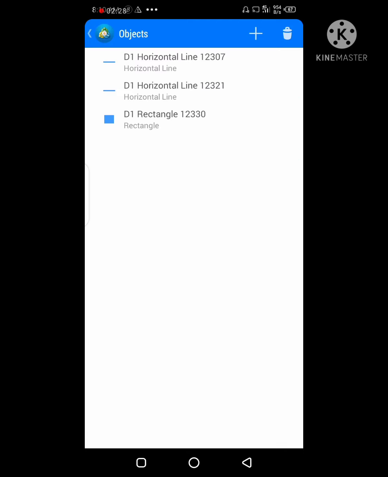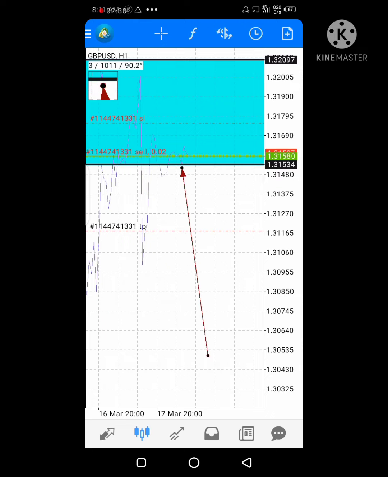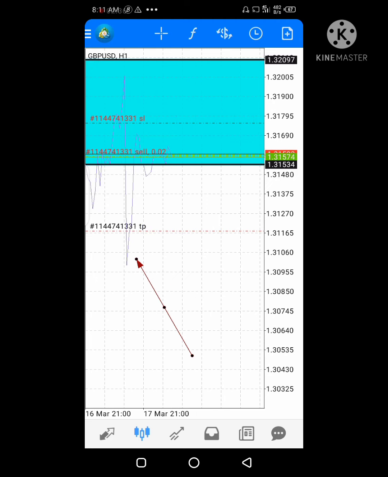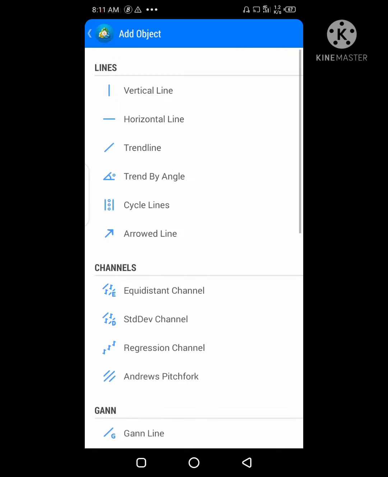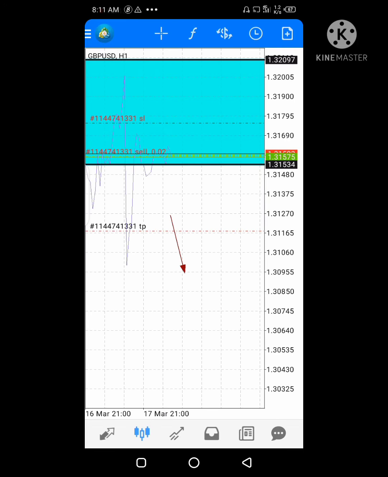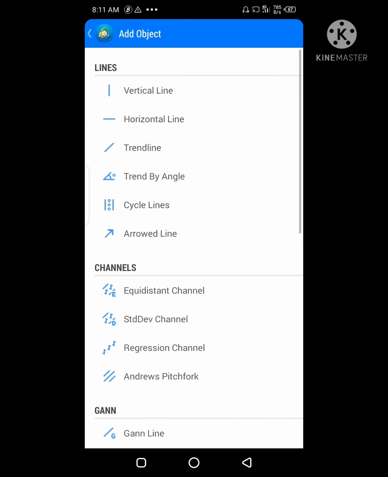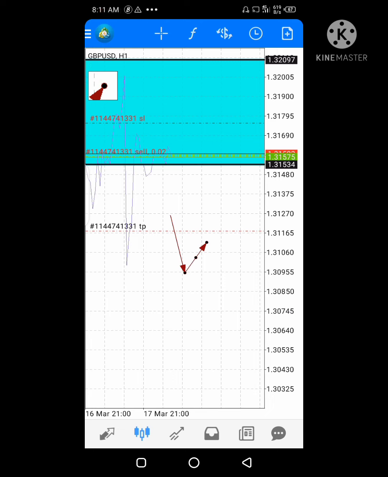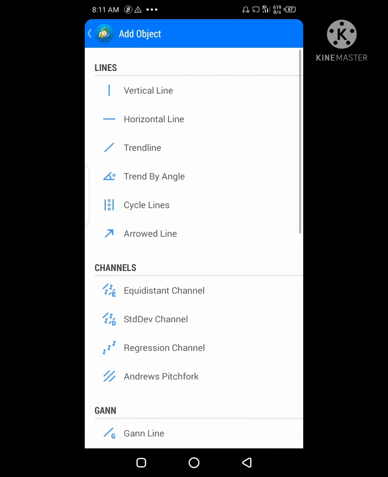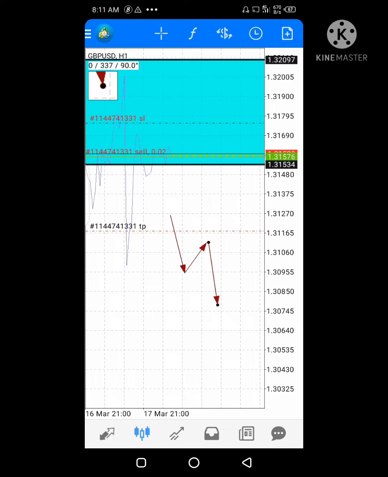I notice this movement, this downtrend movement. So I'm just going to draw it using an arrow, so you see the movement. So price went down, made a pullback, and made a lower low.